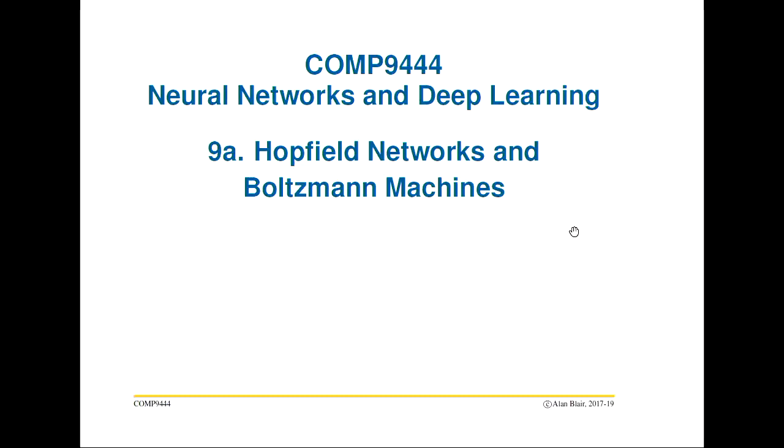Then next week we'll look at generative adversarial networks, which is the last major topic for the course. It's possible next week might be the last lecture. We're allowed to have a lecture on Monday, week 11, if necessary, but we'll see how much material we get through.